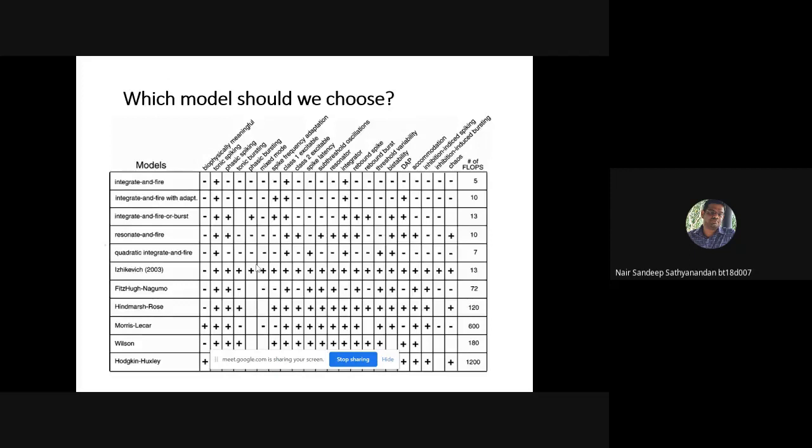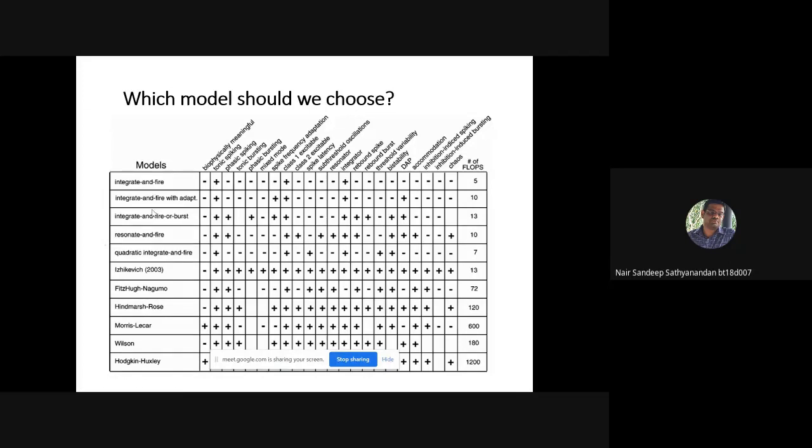Now this is a table that summarizes all sorts of models and what they are good at representing. There is a wide variety of biophysically meaningful dynamics that can be illustrated: tonic spiking, phasic spiking, tonic bursting, etc. The left column shows integrate and fire, up to the Hodgkin-Huxley model, which is a detailed biophysical model.